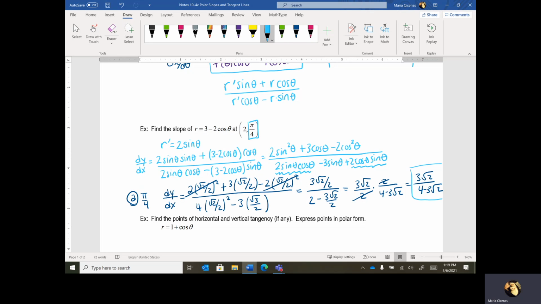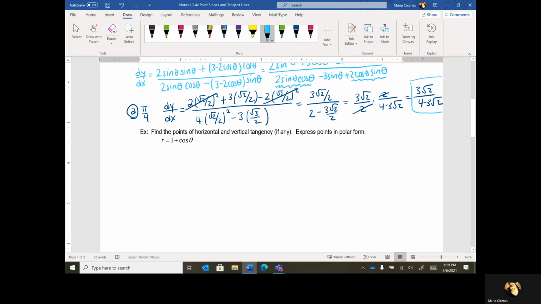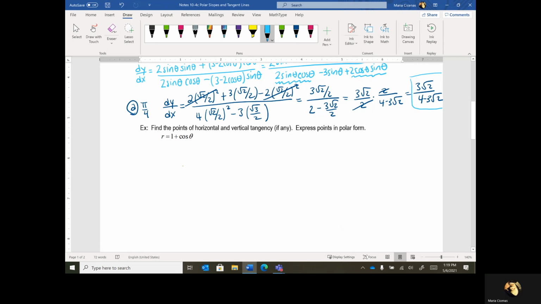If you recall with the parametric equations, we looked at horizontal and vertical points of tangency, and we're going to do the same thing for polar. Let's start with horizontal point of tangency, meaning that our slope is 0, which would happen when dy d theta is 0.